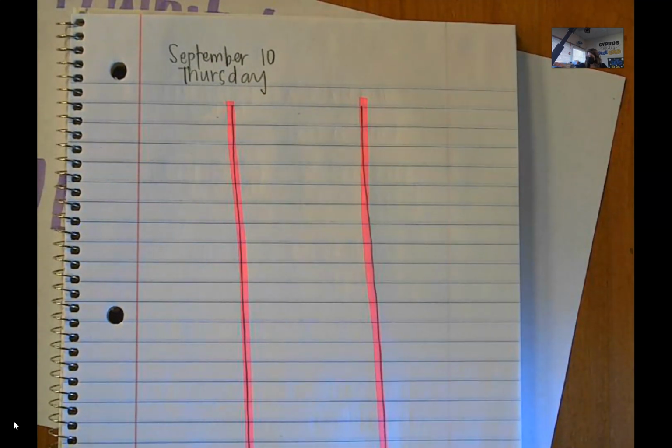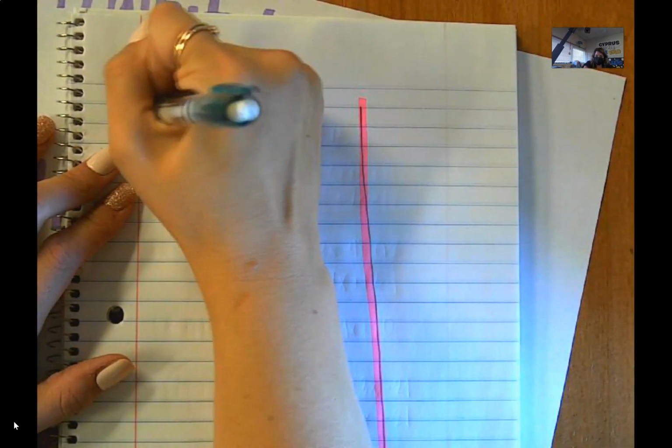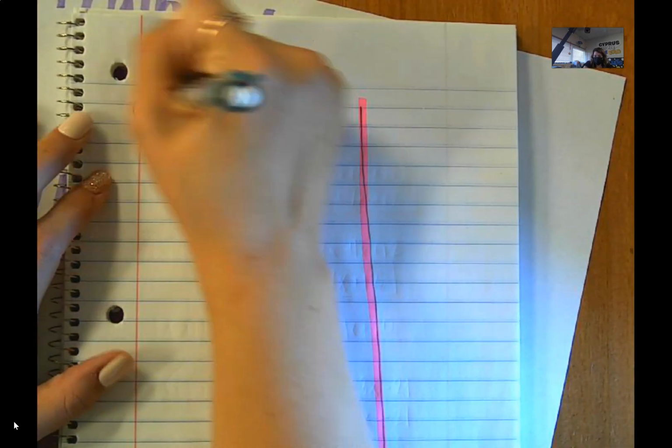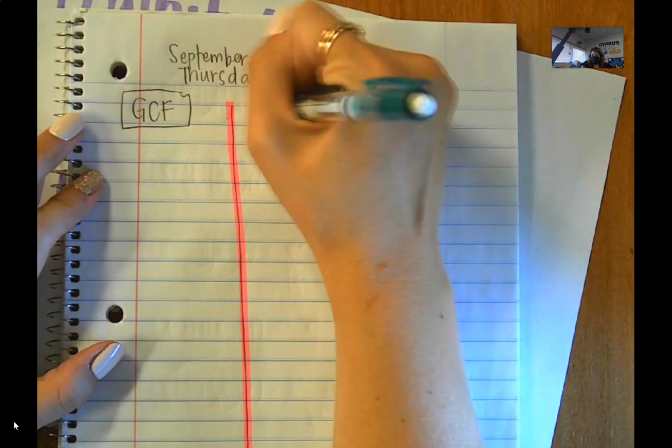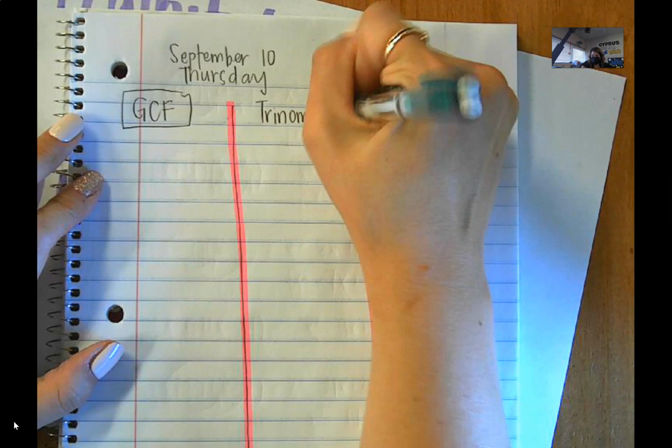And then we will label the top of them. So this first column is going to be all of the GCF factoring. The middle one will be the trinomials. And then the last one will be the binomials.